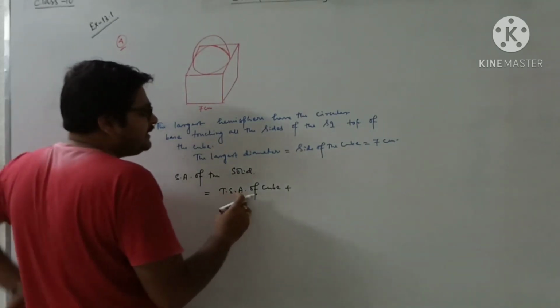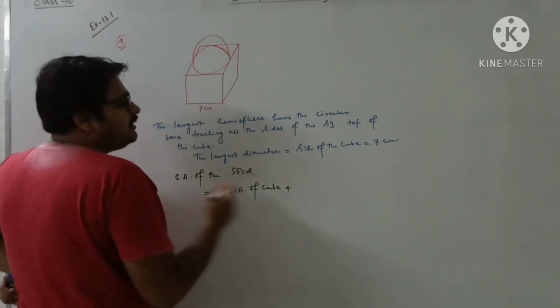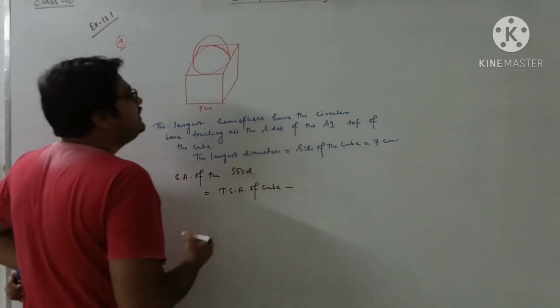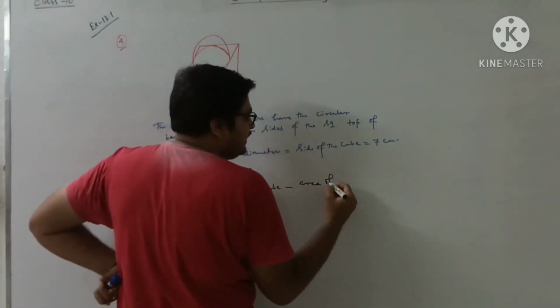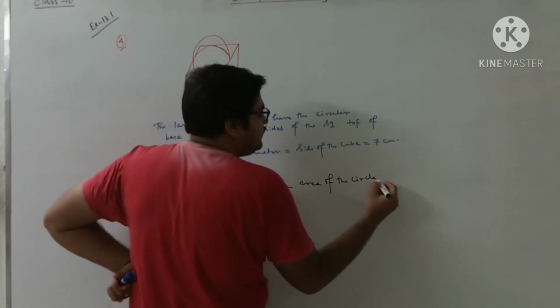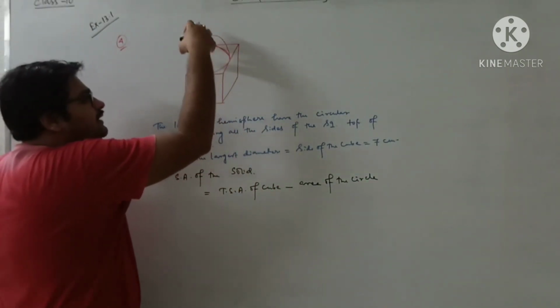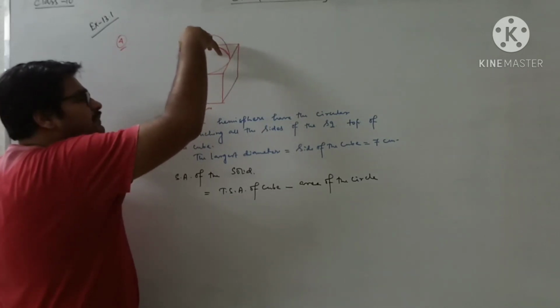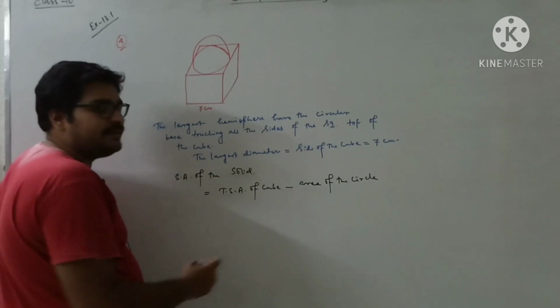So this face area also you have taken. Now if I subtract the area of this circle, then the area covered by the hemisphere on the top of the cube, that part I have subtracted.